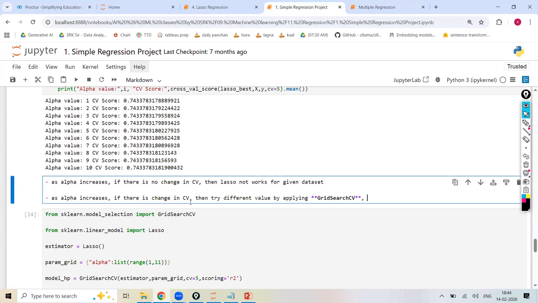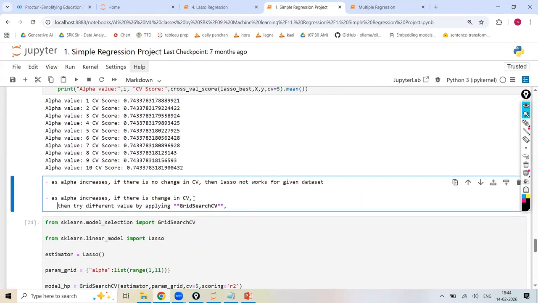Okay, if there is a change in CV, then in this case, what you have to do? Apply the grid search CV, identify the best alpha value.